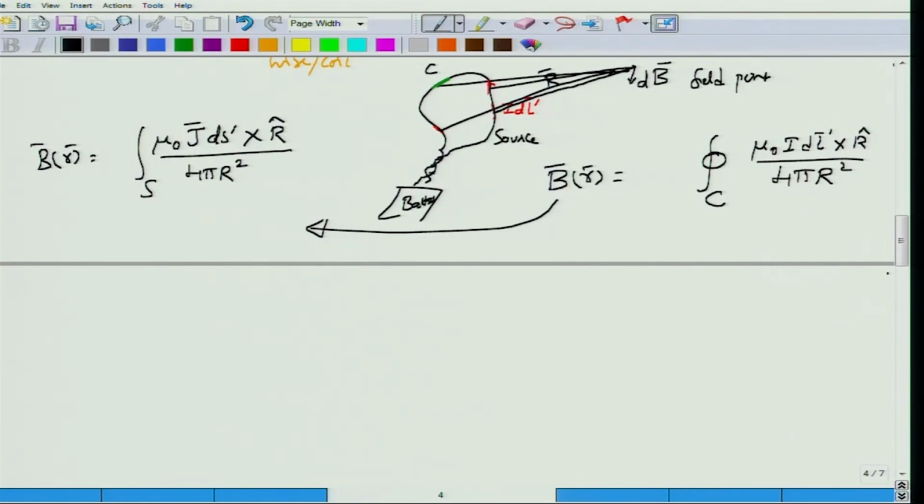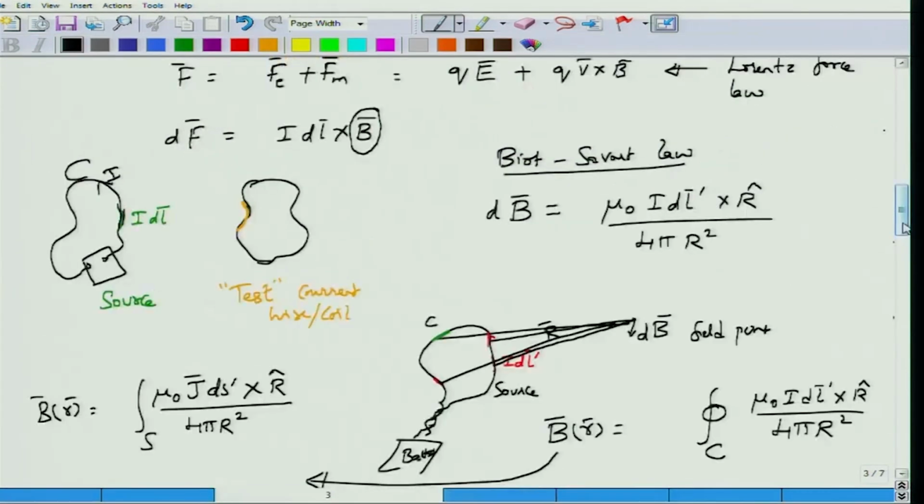Before we go there, there are certain things that we need to mention here, right. So, if you go back to dB is equal to mu 0 I dl prime cross r hat by 4 pi r square, you will notice two things. One, there is a 1 by r square dependence, okay. This 1 by r square dependence seems to come everywhere; we saw it in Newton's law of gravitation.